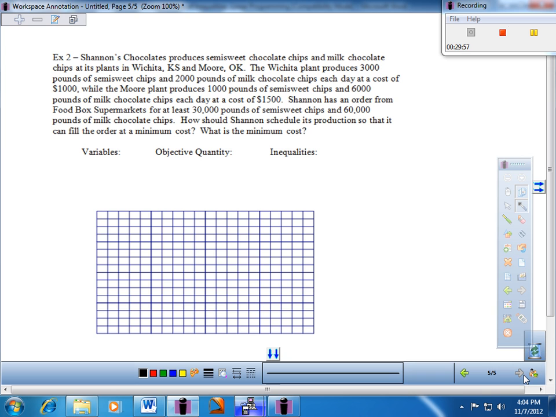So if you don't mind, can you change, first of all, the example? A couple typos in there, so let's change that to example 3, and let's give it a try. So it says, Shannon's Chocolates produces semi-sweet chocolate chips and milk chocolate chips at its plants in Wichita, Kansas, and Moore, Oklahoma.